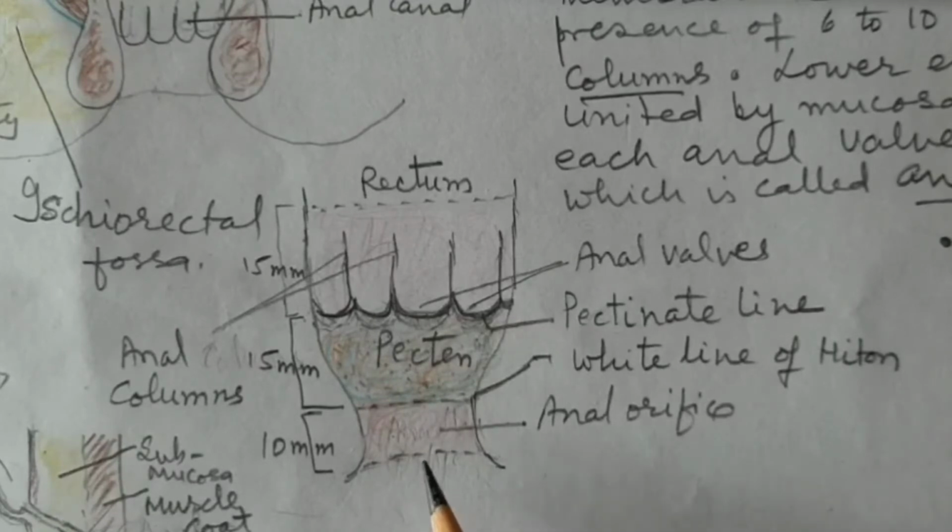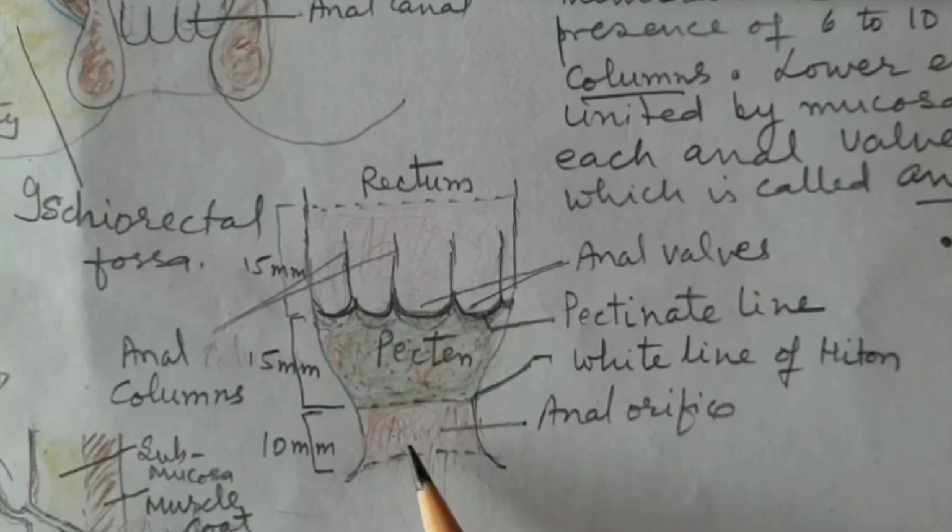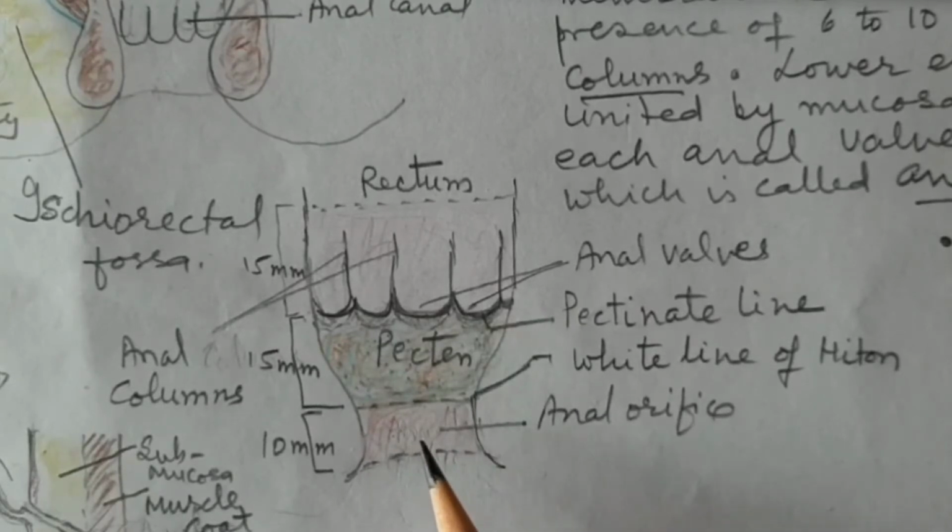Since it is lined by stratified squamous keratinized epithelium, it resembles the skin, because not only is the epithelium similar to skin, it also contains sweat and sebaceous glands. Then on the outer margin, in case of males, hairs may be seen. Hair follicles and hairs are seen at the site of the anal opening.